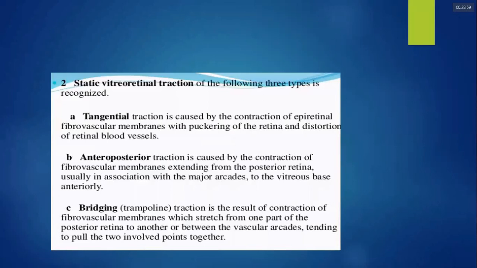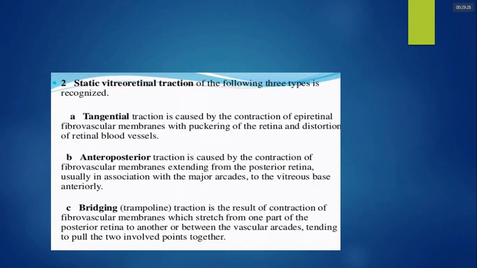Anteroposterior traction is caused by contraction of the fibrovascular membrane extending from the posterior retina, usually in association with the major arcade, to the vitreous base. It is also a type of pulling force where the attachment sites of this fibrovascular membrane are different. Just remember that there is some pulling force that causes the retinal detachment.